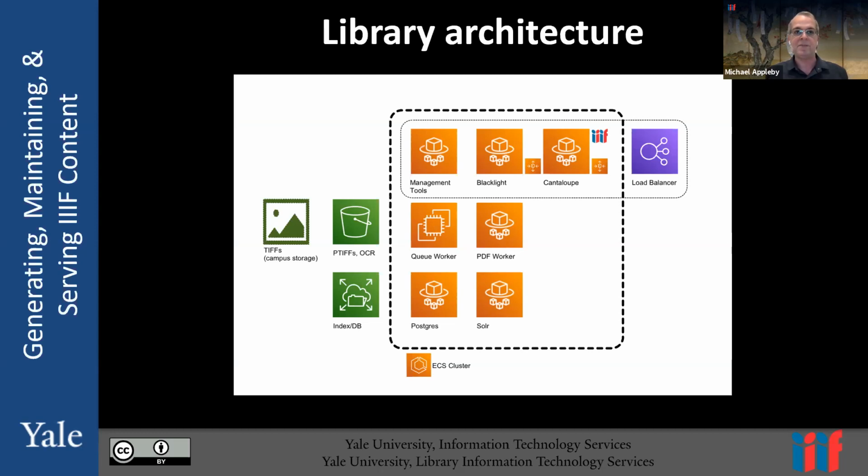And at the bottom level, you see our Postgres and Solr. We're not using RDS, we're using Postgres Docker, spun up from Docker within our cluster. And both of those are writing to EFS for their file store. So that's the overall AWS design.